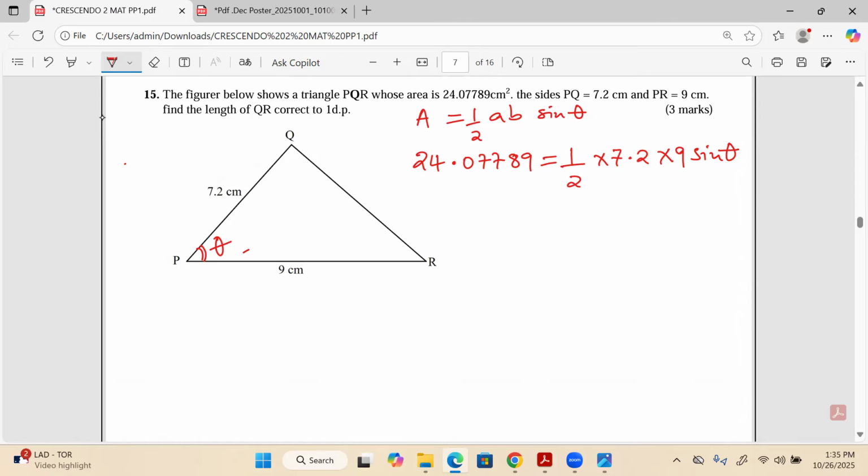So with this now, we can get the value of sine beta as 24.07789. So we multiply this by 2 and we divide by 7.2 multiplied by 9. This gives us sine beta as 0.74314.